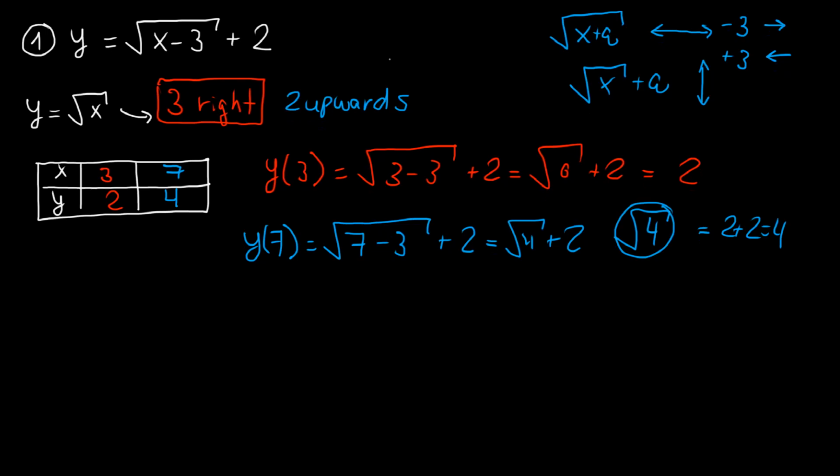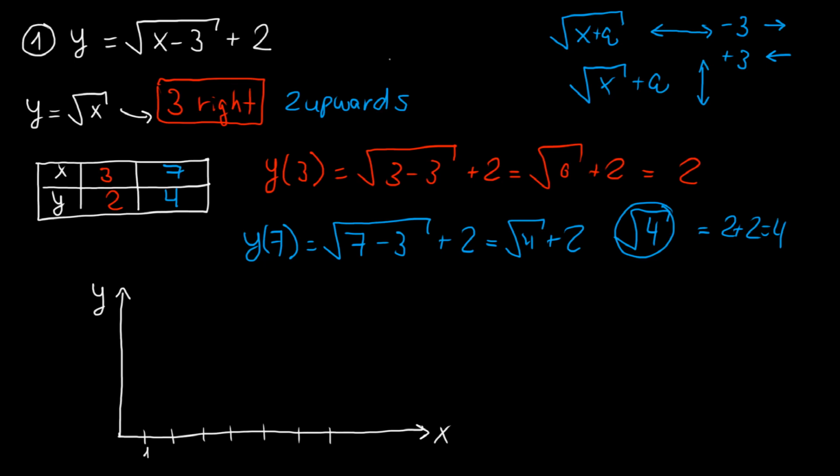Now, of course, we draw a coordinate system. I will not include the negatives, I'll just include the positive first section, so x and y. Let me add the x values: 1, 2, 3, 4, 5, 6, 7.